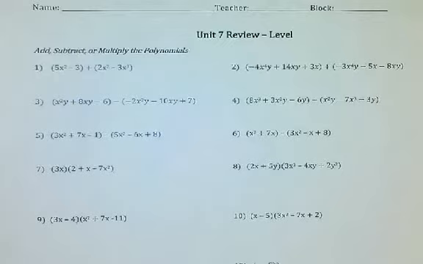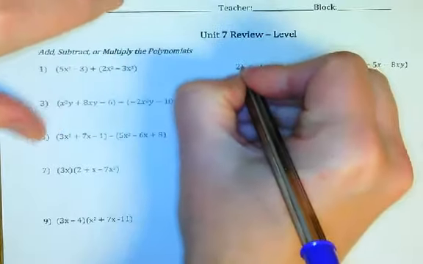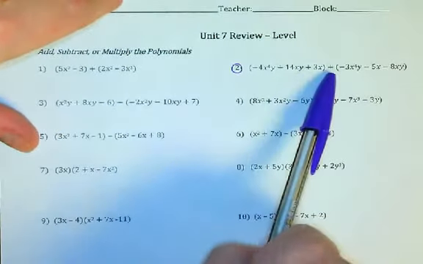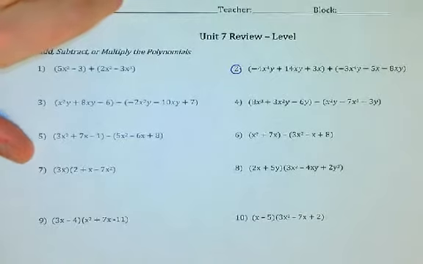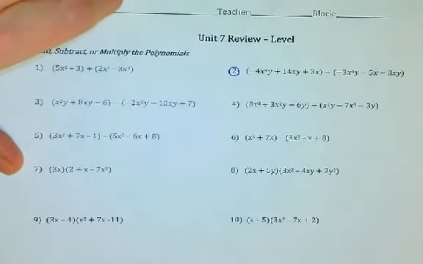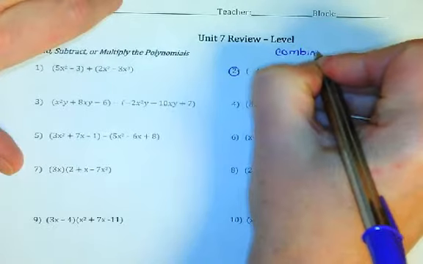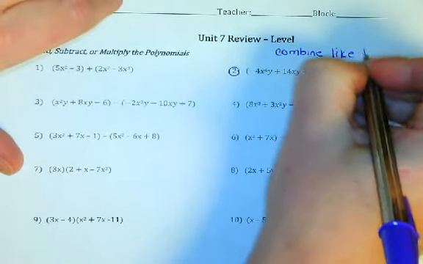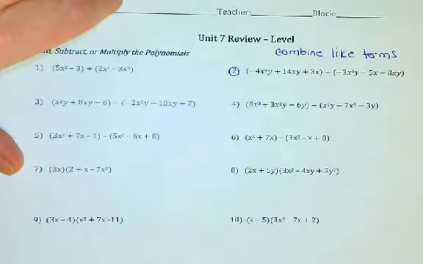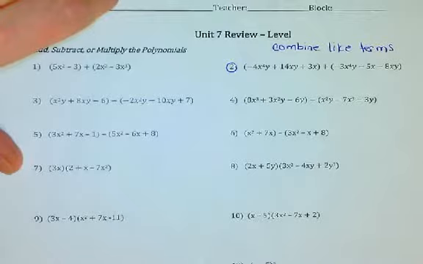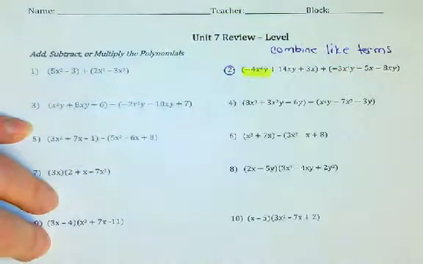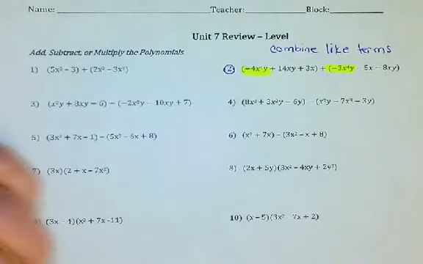Okay, so the first one that I'm going to do is going to be number 2. And I notice that I'm adding the polynomials. So the main thing I'm trying to do here is combine like terms. The first term that I see that's alike would be this negative 4x to the 4th y and the negative 3x to the 4th y.